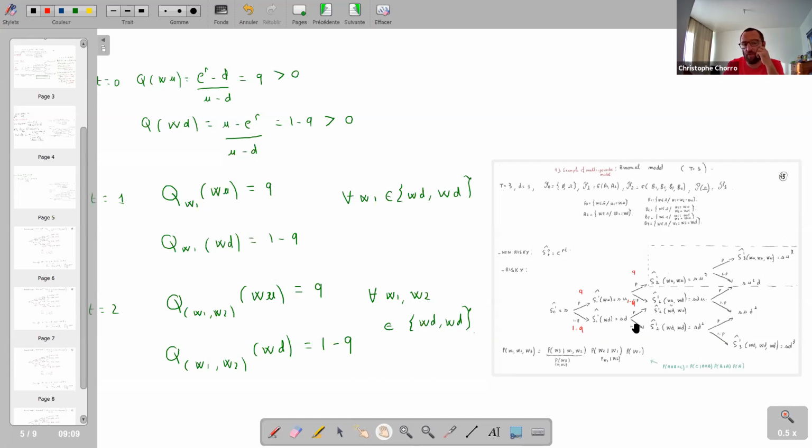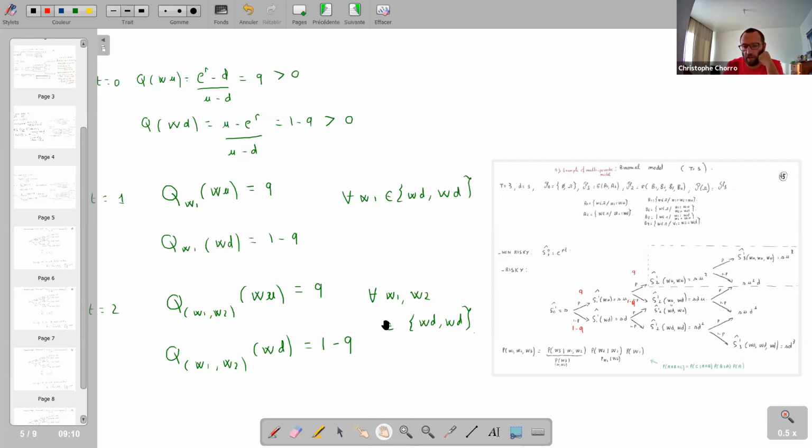I will have in the same way to solve this kind of system. And then I will obtain here Q(ωU) that is q1, Q(ωD) that is 1 minus q1, here Q of ωU given ω1 equal to ωU that is equal to q2, and so on.